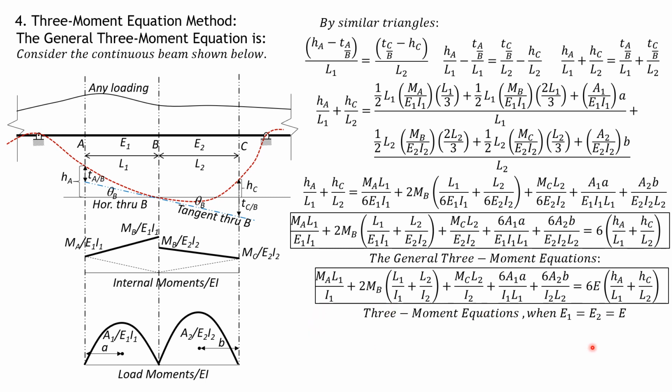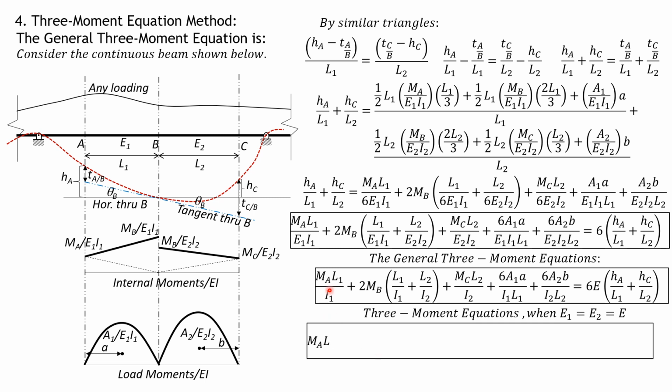For the special case when I1 equals I2 equals I equals constant, multiplying everything by I, the equation reduces to MA L1 plus 2MB times the quantity L1 plus L2 plus MC L2 plus 6 A1 A over L1 plus 6 A2 B over L2 equals 6EI times the quantity HA over L1 plus HC over L2.